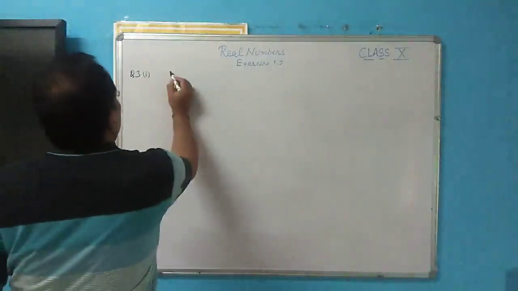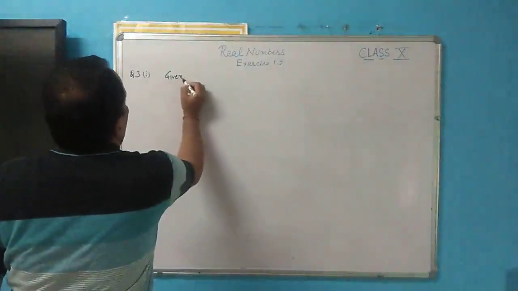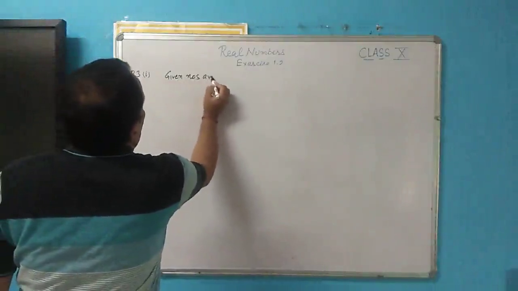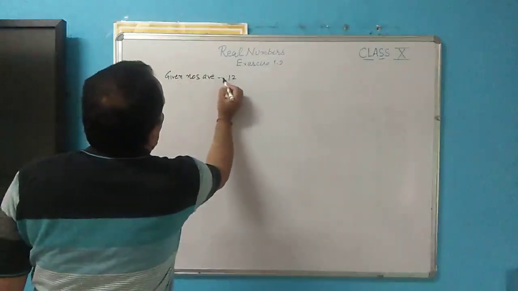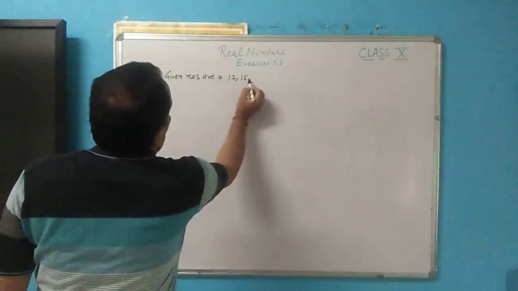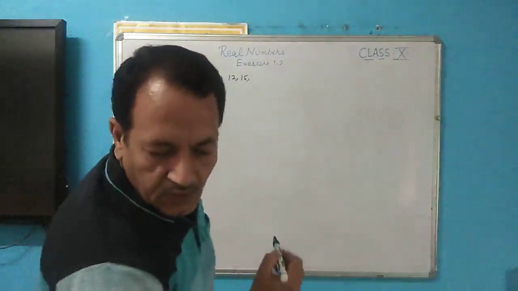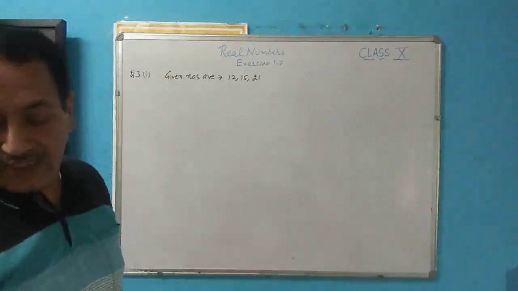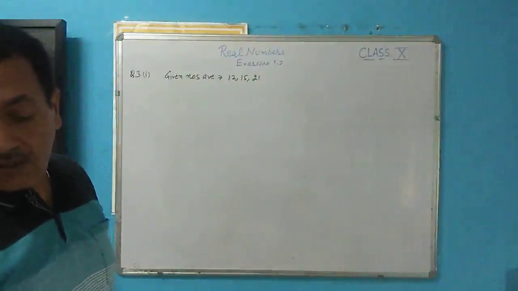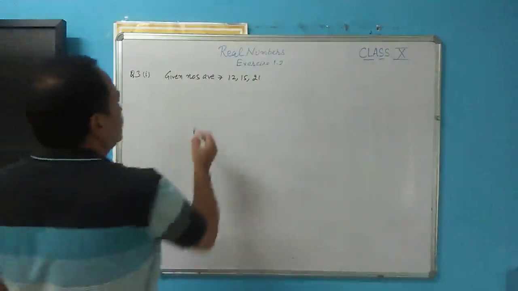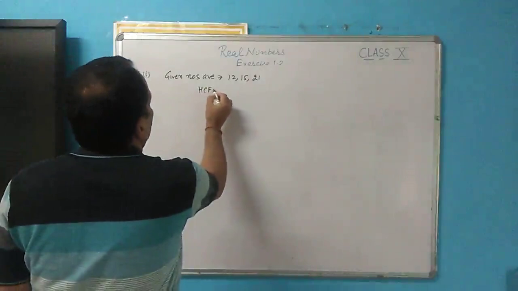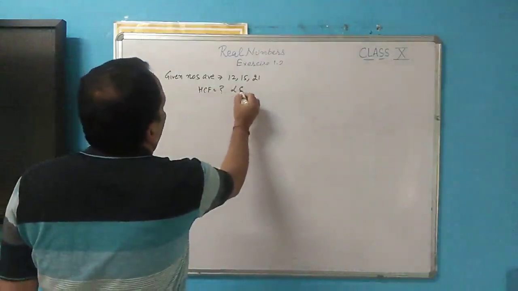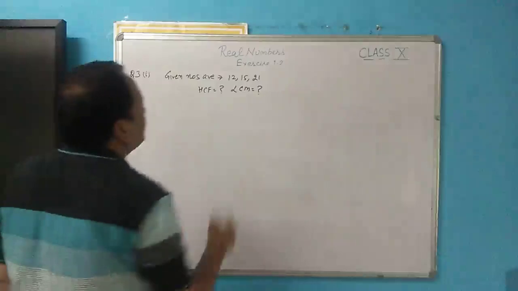The three given numbers are 12, 15 and 21. We have to find their HCF and their LCM by the prime factorization method.